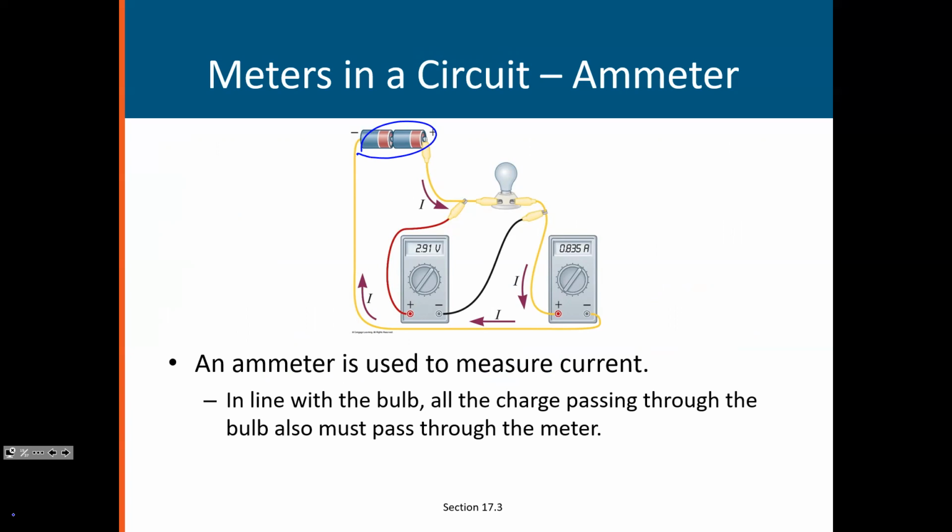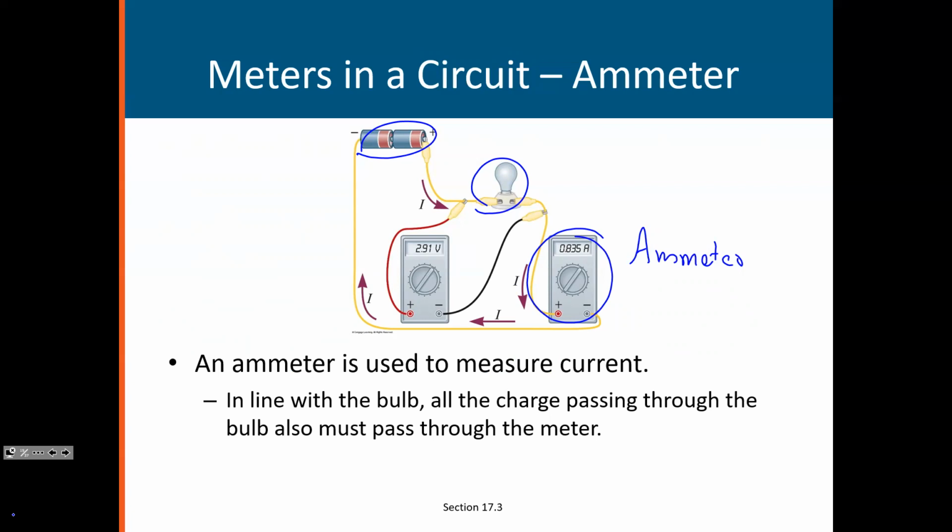So someone wants to know, if there is the bulb, what is the current through that bulb? We can simply connect a device called an ammeter. Ampere is the unit for measuring the current, so with an ammeter you measure the current.